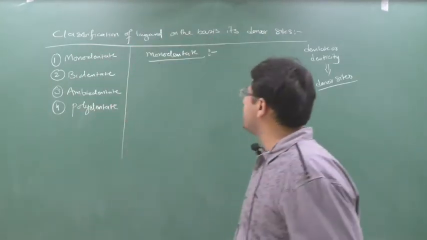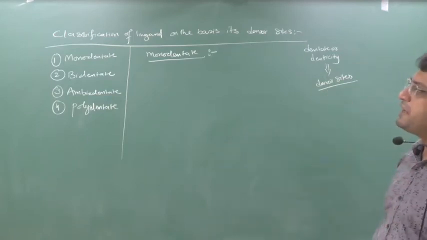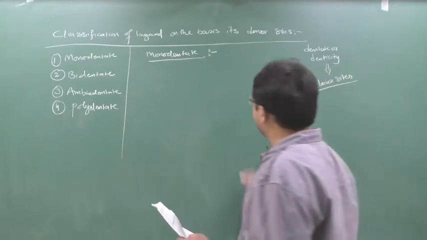Now first write down the definition of monodentate. See, monodentate means what? I told you dentate or denticity means donor site. So monodentate ligands are ligands which have only one donor site.